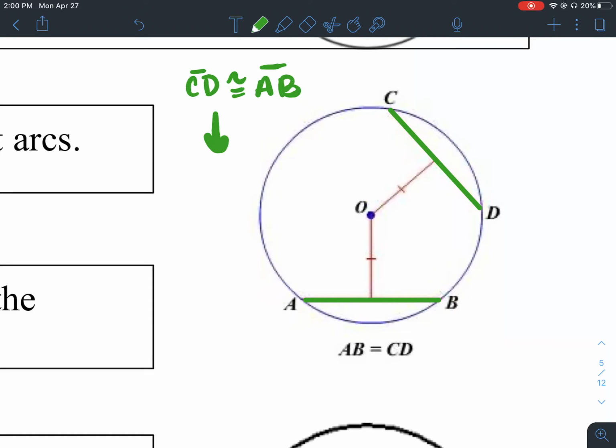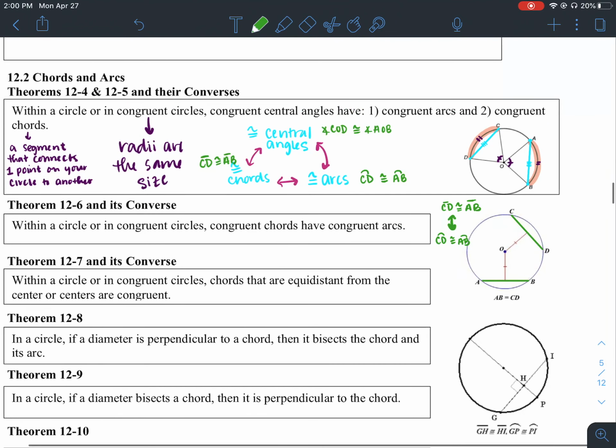Well, that is going to imply, and this does the backwards direction as well, that arc CD is congruent to arc AB. This is actually just a variation on what we were talking about up above, but without including the central angle in there. Okay, so this is going chords, arcs, arcs, chords.